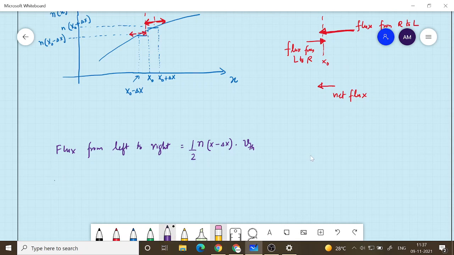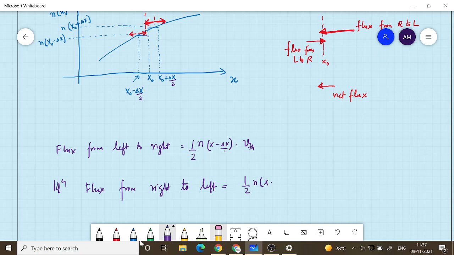Similarly, flux from right to left is half, but now it is n of x. It will be convenient if I take it as x by 2 and x by 2, so that these points will be separated by delta x.